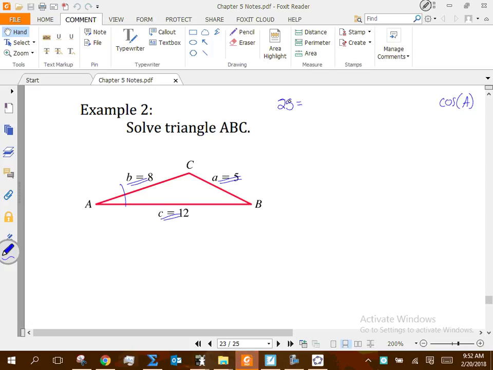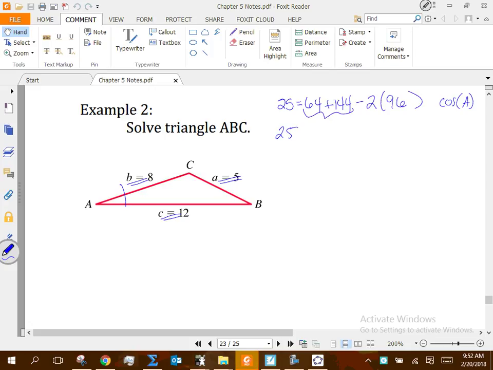So I take 8 and I square that. I take C and I square that. And it's minus 2 times the product of B and C, which is 96. Sometimes when you're dealing with nice numbers, like 8, 12, and 5, maybe you just write things out like this. In contrast to the last question, I'm not squaring 388 in my head or 212 in my head, right? You can do this, you get 25.